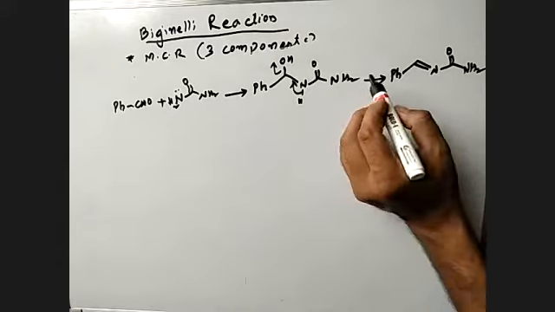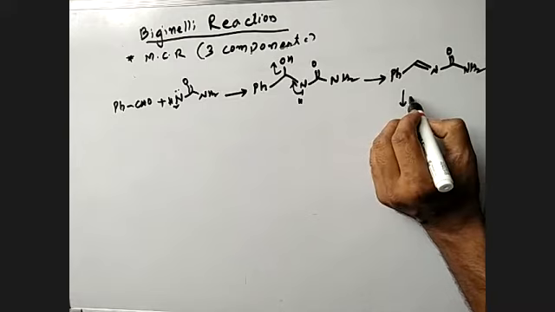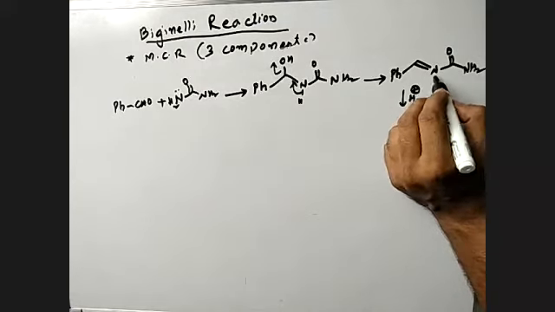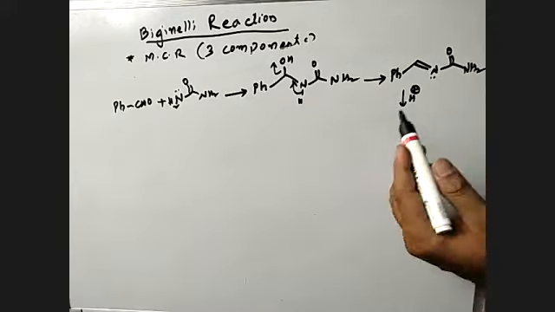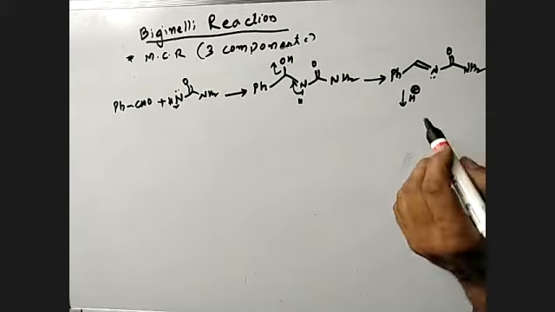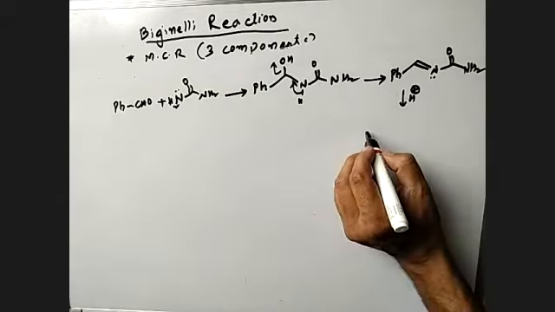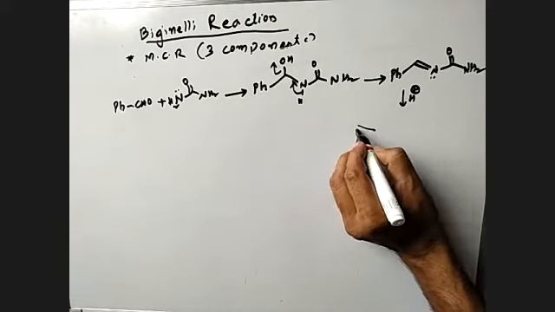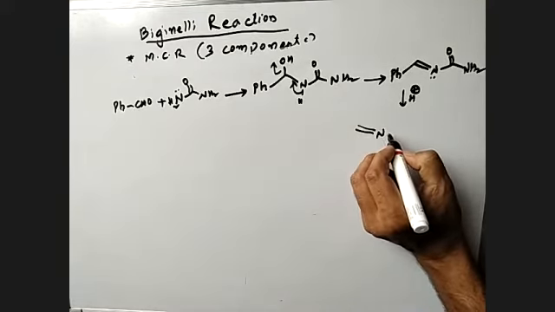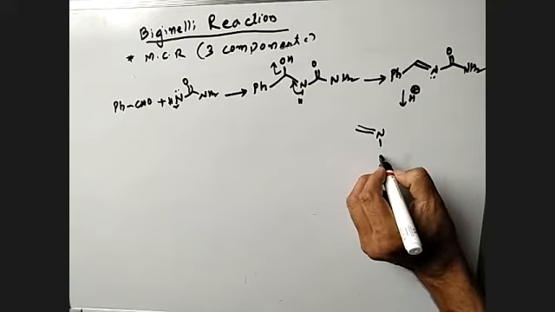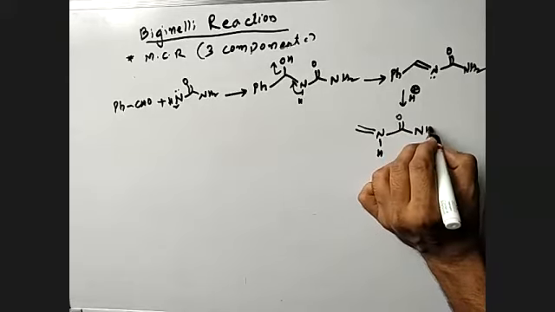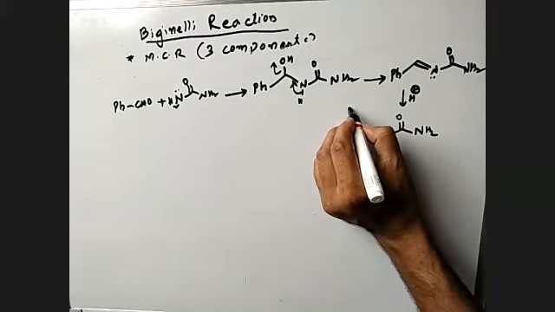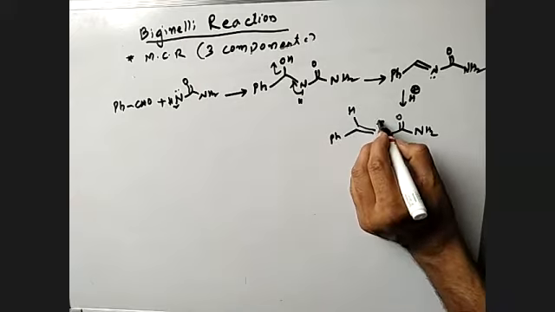Now there is an acid. Just like we have seen in the previous mechanism, H plus, always given, will play the role. So this will take that H plus. Then what will form? So we can write here, and here, like this.